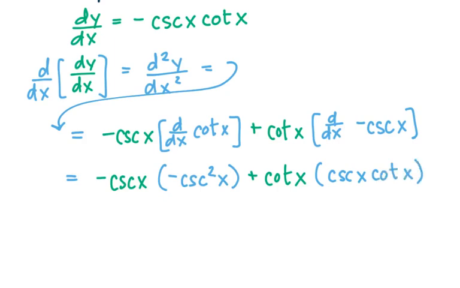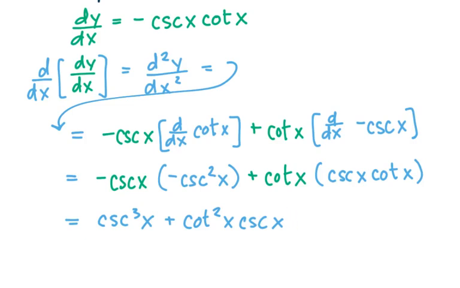At this point, there's just a minor bit of simplification. Multiplying these first two would be positive, and I would get cosecant cubed. And for the second piece, I have a cotangent squared times a cosecant. So I would write here plus cotangent squared x cosecant x.